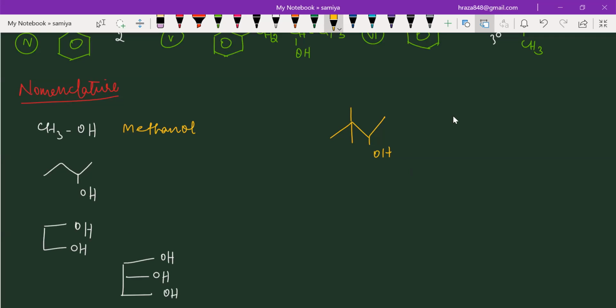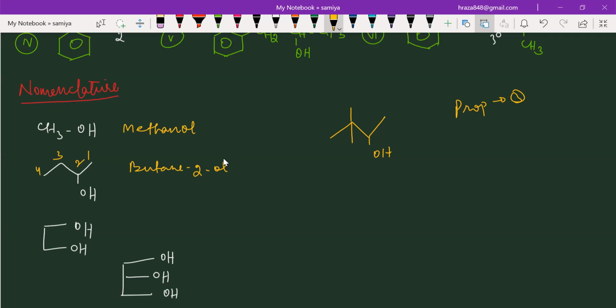Propane. Do you know what this means? Prop means how many carbons? 3. And how many carbons are present in this? 1, 2, 3, 4. So are you numbering from left or right? Right, because we are giving the functional group the lowest number. So its name will be butanol. Yes or no?